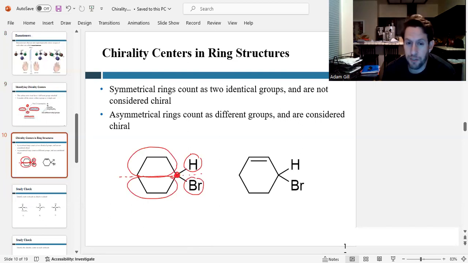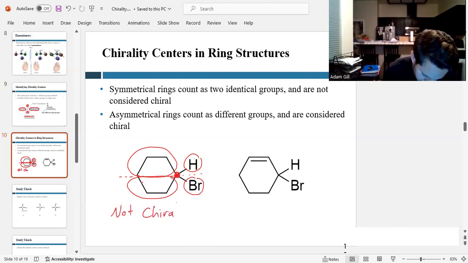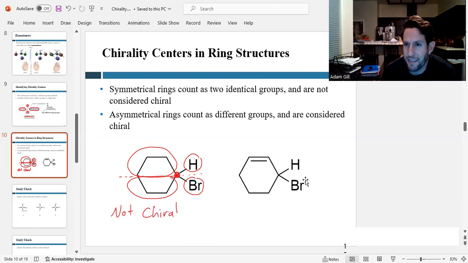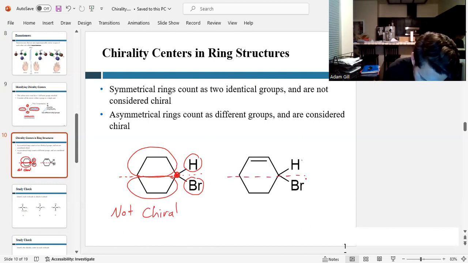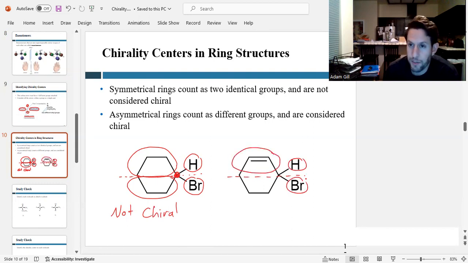And if the ring is symmetrical, then these 2 halves are the same. And so it's not chiral. Now, if your ring is asymmetrical, when we draw the dashed line down there, we've got the hydrogen, the bromine, and then this half of the ring is noticeably different than this half of the ring because of that double bond.